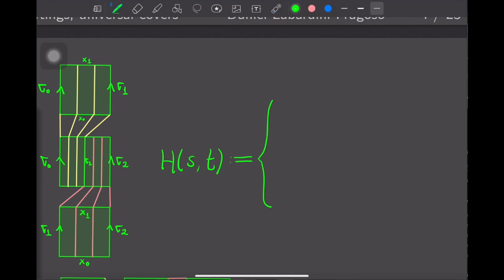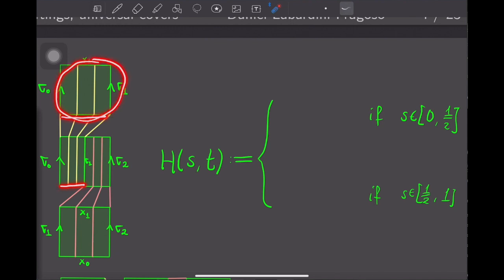So it should be one thing if S is in [0, 1/2], and another if S is in [1/2, 1], and in here I have to multiply S by 2 and go with the homotopy I already have.